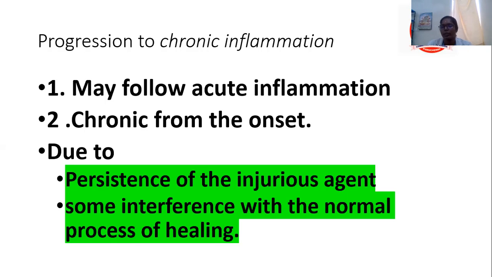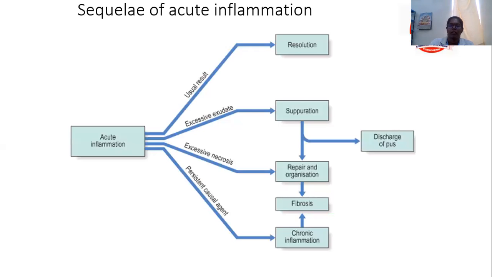So these two processes can lead to chronic inflammation, right? So far we have seen the outcomes of acute inflammation: resolution, organization and repair, and sometimes it can go on to chronic inflammation. So this is the take-home message.